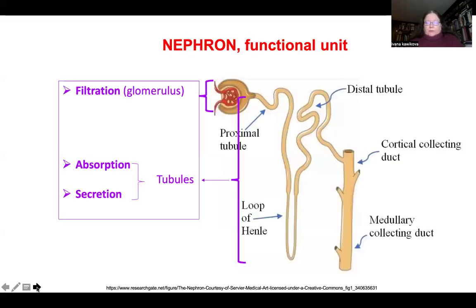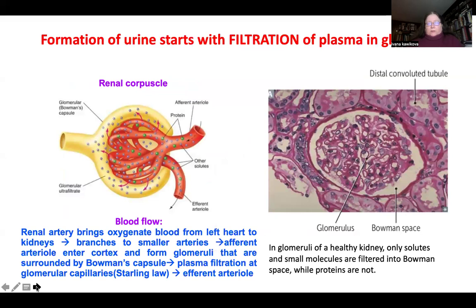So here you see again the glomerular structure with the tubular system, the nephron, and we will now be discussing this filtration process here. The formation of urine practically starts with the filtration.